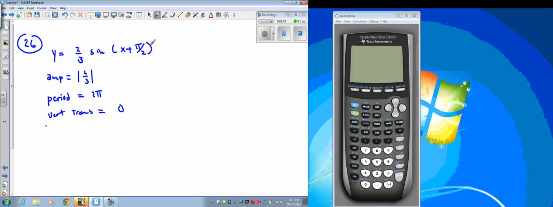That would be if you had a plus on the outside or plus over here or minus. So it's not moving it up or down at all. And then a phase shift. What I would do for the phase shift, this is going to tell you right here what the phase shift is. And that's going to be left, right? Correct? Pi over 2.